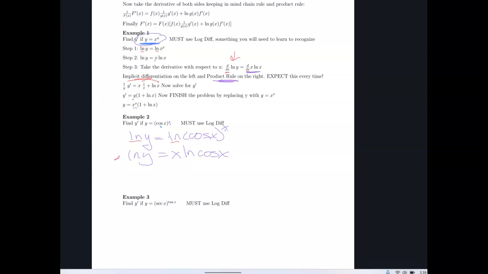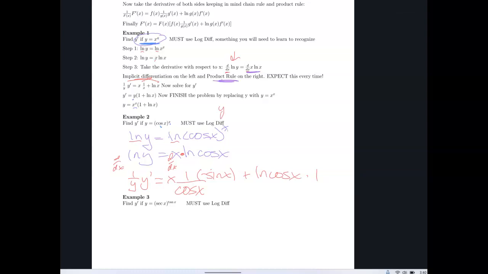Okay, so now we're going to take the derivative with respect to x. So I get 1 over y times y prime. And here I'm going to have product rule. You're expecting it. First d second plus second d first. So then I'm going to multiply by y.